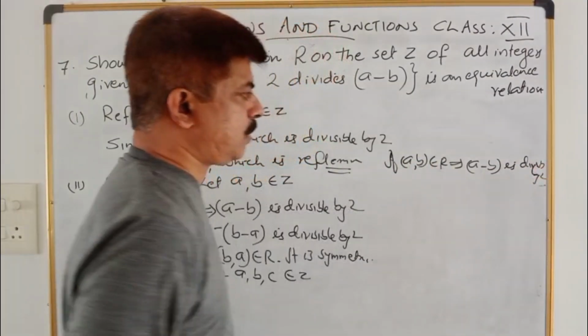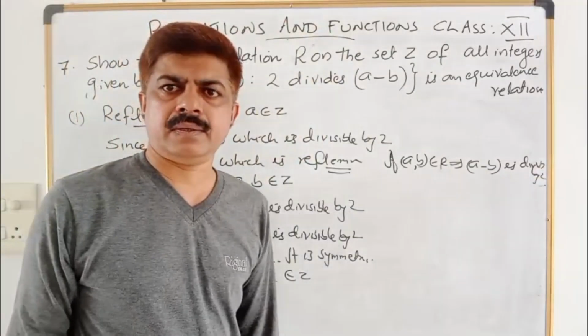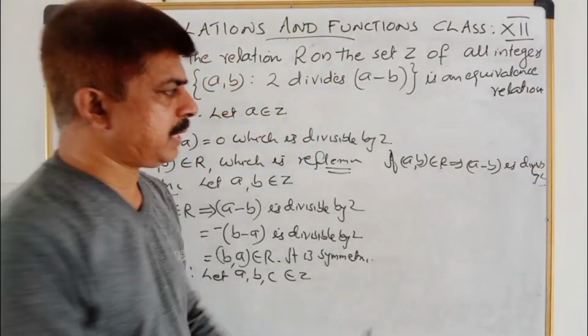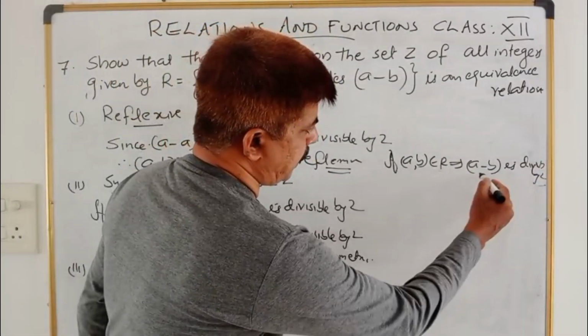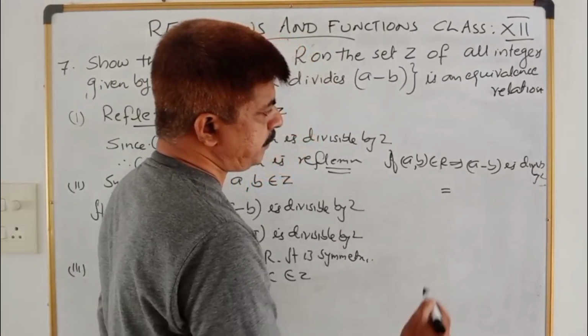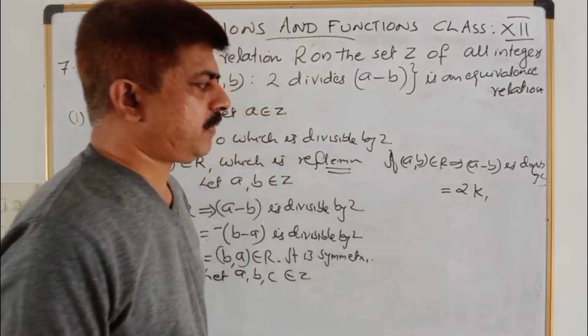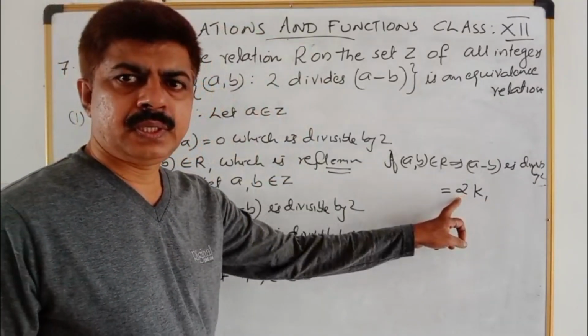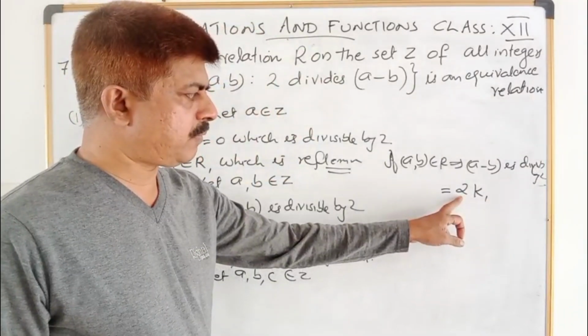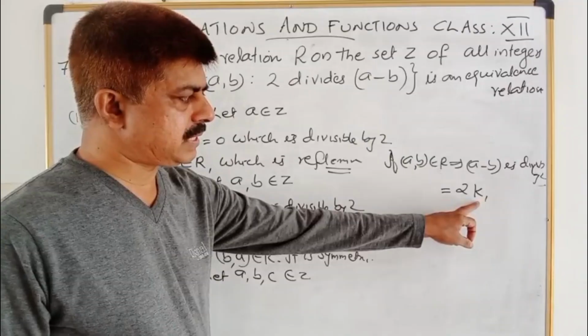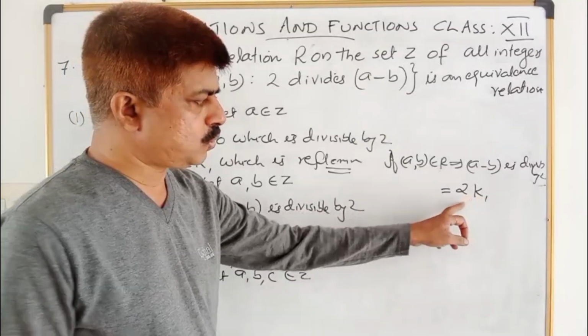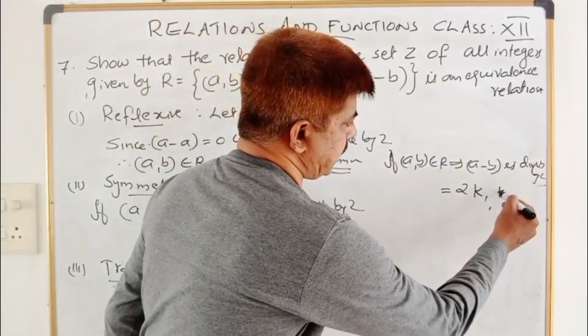A minus B divisible by 2 means it can be written as 2 into k1, one integer multiplied by 2. So k1 is an integer.